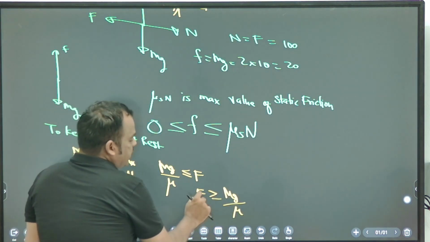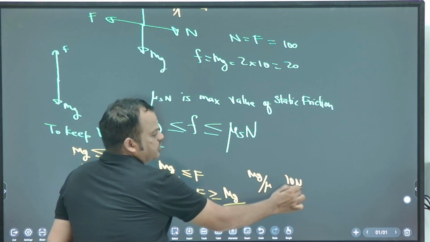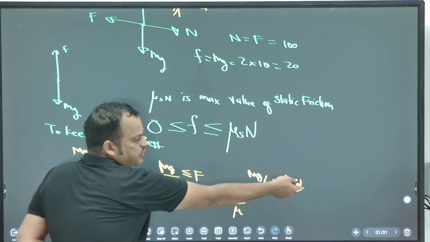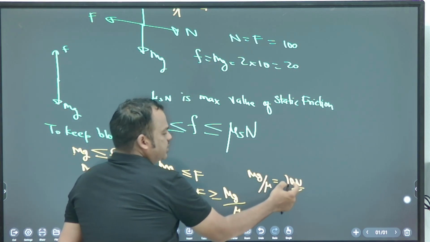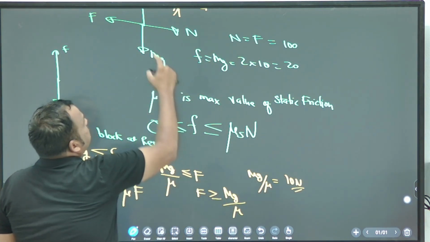Suppose mg by mu is 10 Newton. Then F must be 10 Newton or more, 11, 12 Newton, and then it will be at rest.